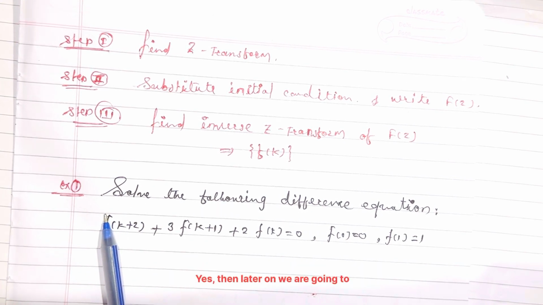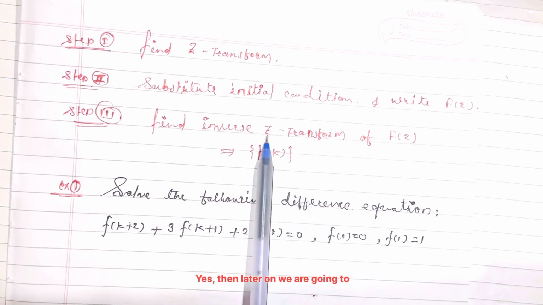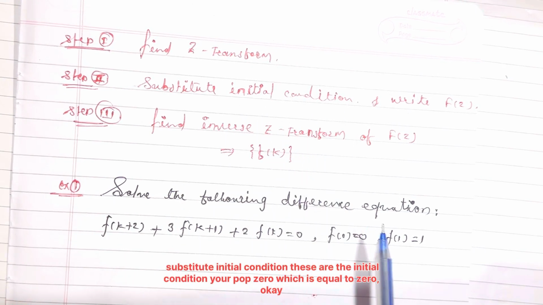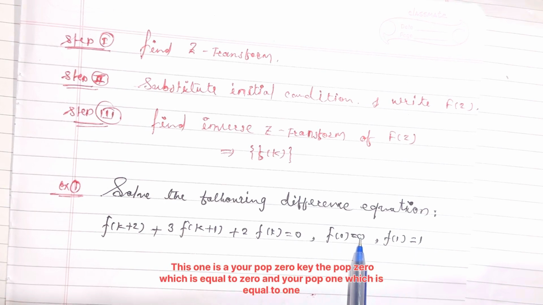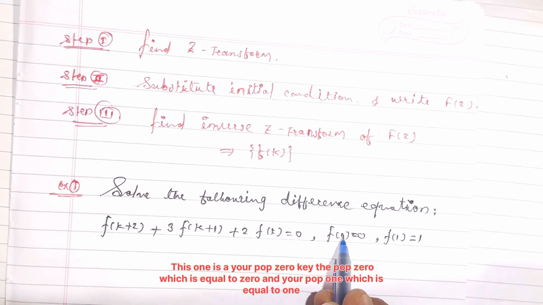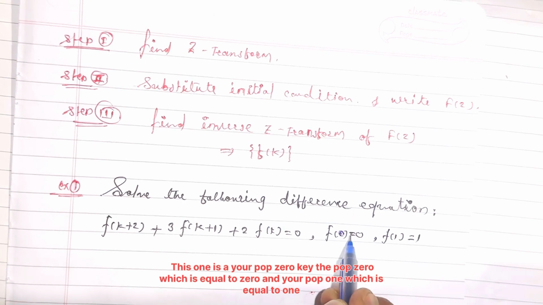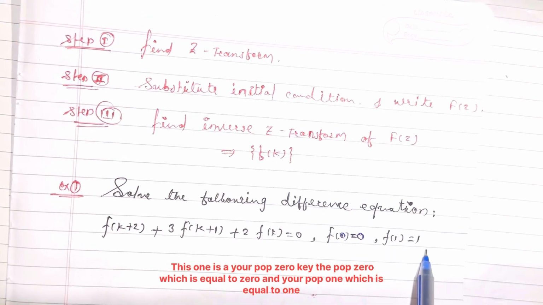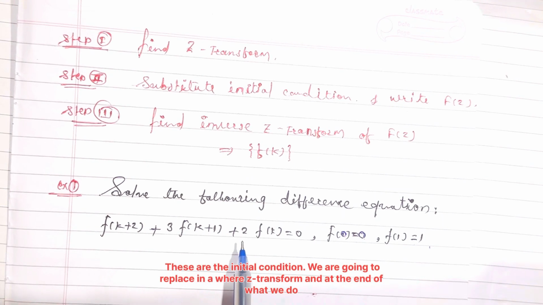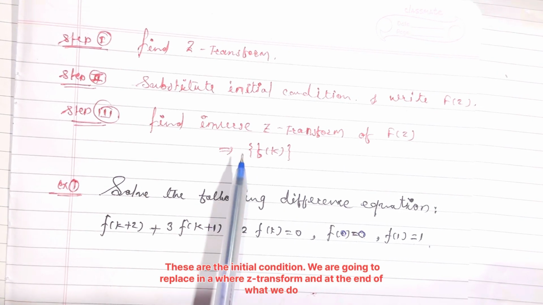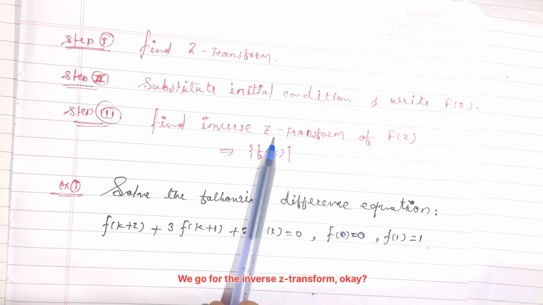Then later on we are going to substitute the initial conditions. These are the initial conditions: f of 0 is equal to 0, and f of 1 is equal to 1. We replace these in our Z transform, and at the end we go for the inverse Z transform.